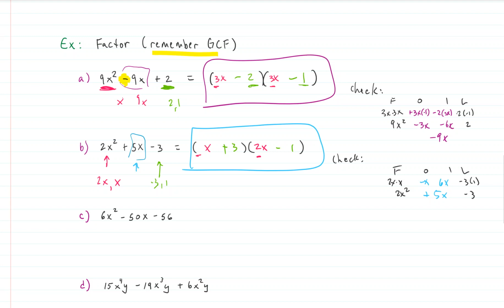It looks like here I can pull out a 2. So let's do that from each of these. So our original is 6x squared minus 50x minus 56. So we can pull out a 2 from each of the terms. That gives us 3x squared, and we get negative 25x, and we get negative 28.